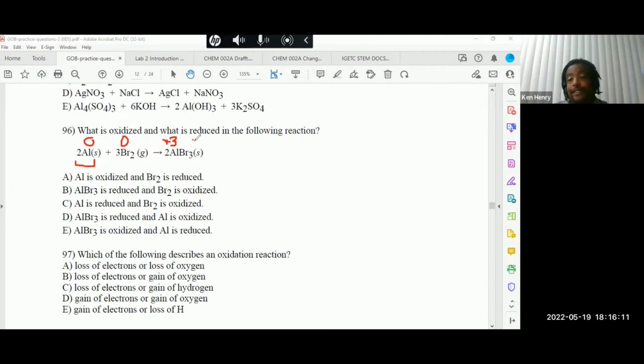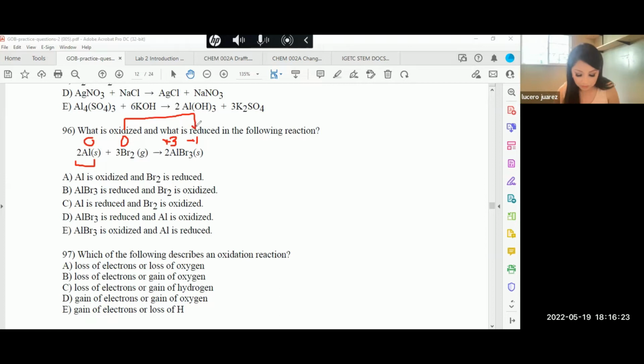Negative 1. So each bromine has a -1 charge. If I'm going from 0 to a -1, is that gaining electrons or losing electrons? Gaining. So that's reduction, and we know the bromine is being reduced.